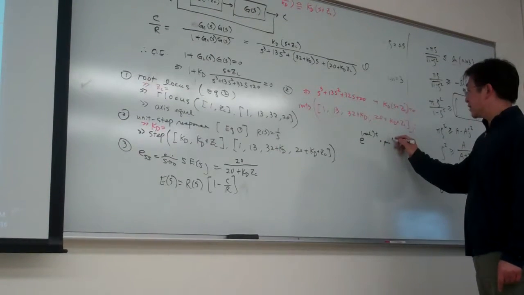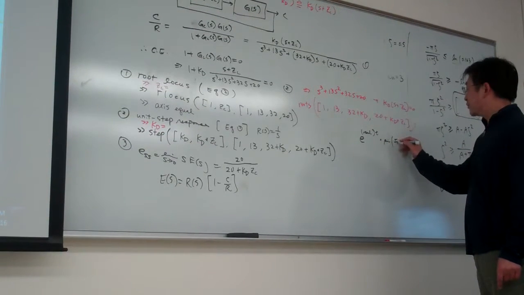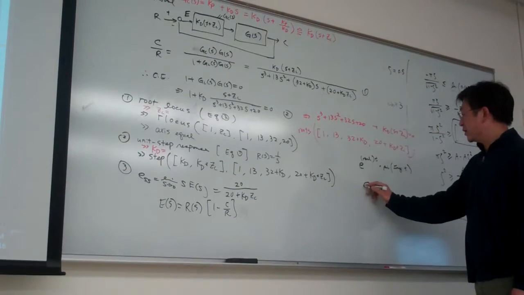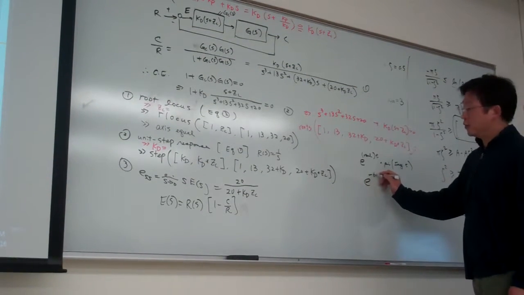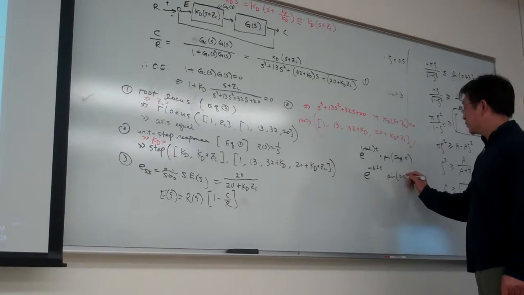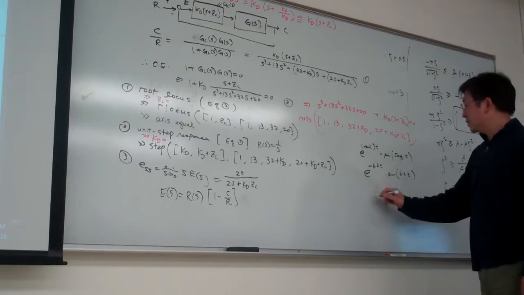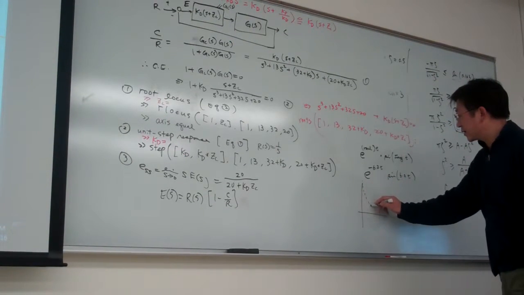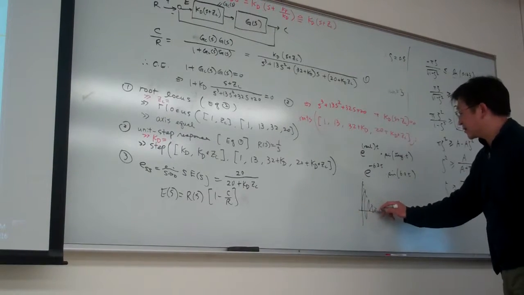For example, let me pick sine. For our case, that is exponent minus about 6.2 t times sine of about 6.2 t. If you draw it carefully, it will look something like this.